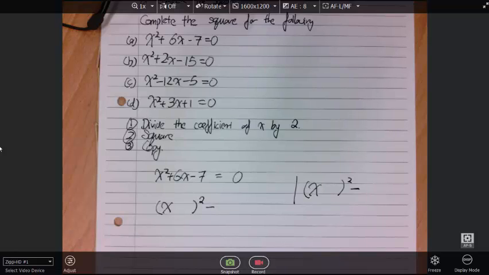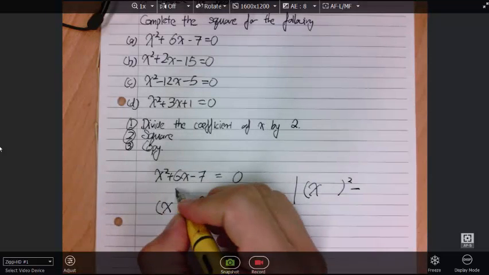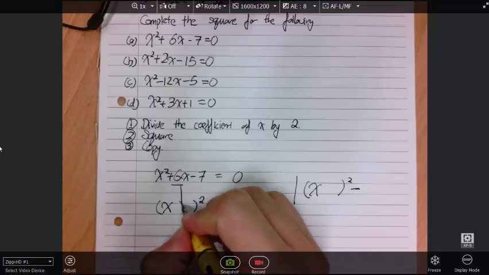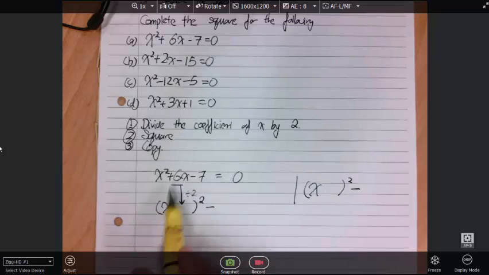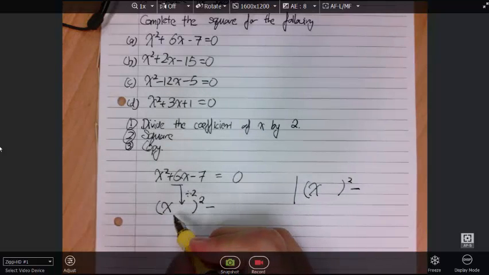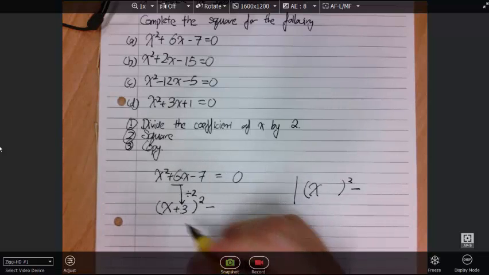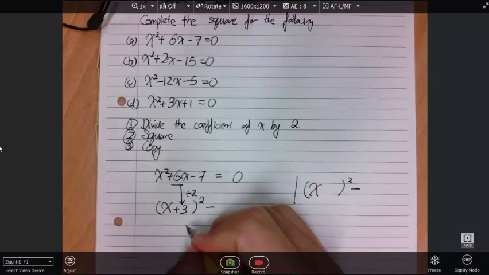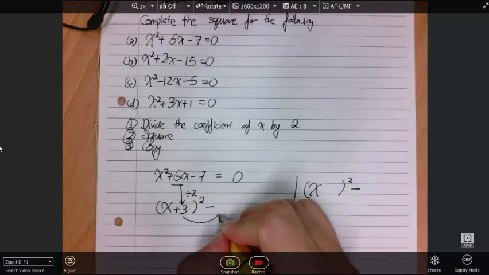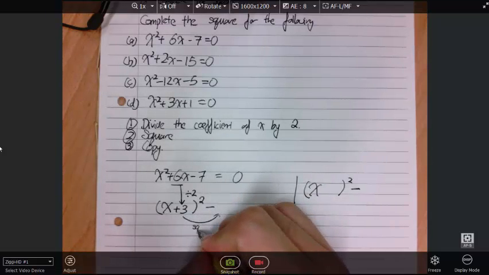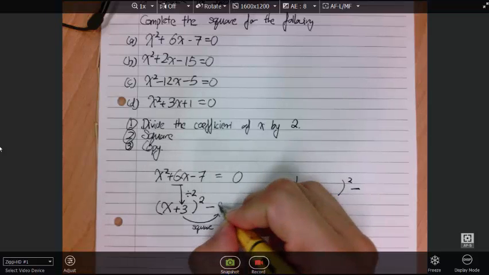First, we take the coefficient of x, which is this 6. I will divide by 2. 6 divided by 2 is positive 3. Then I will square this number. It becomes 9.